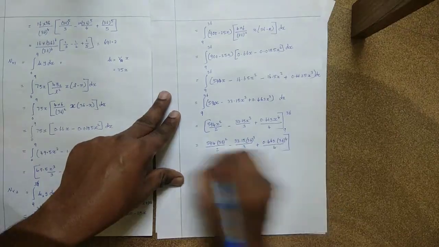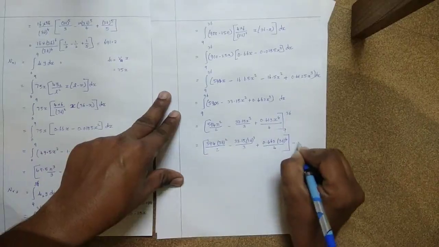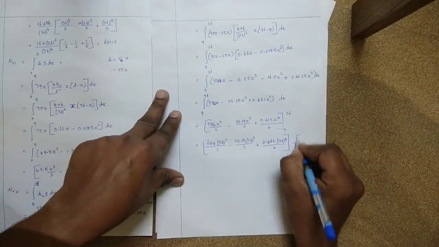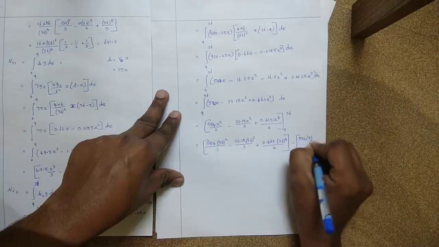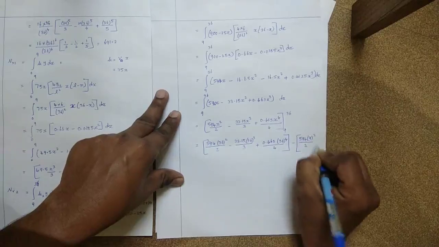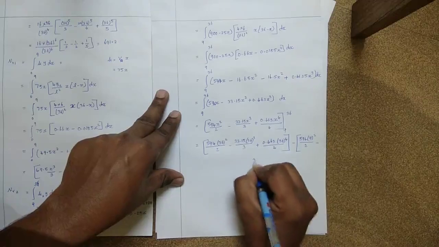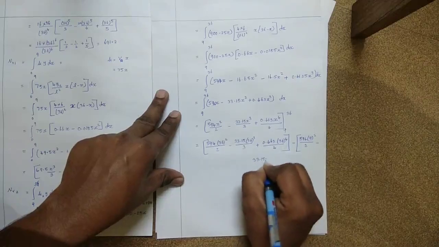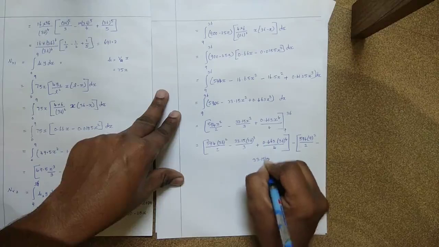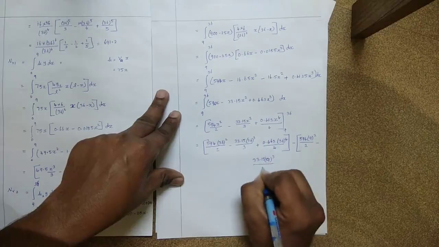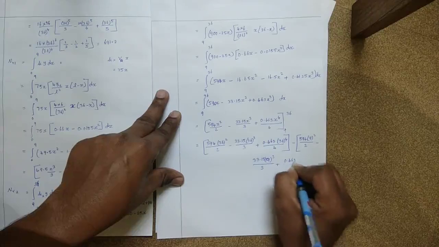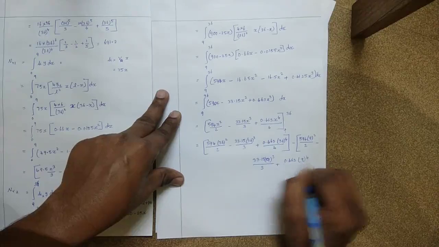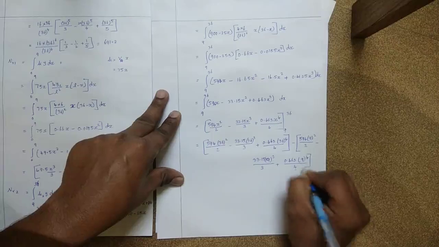So this is the upper limit value. Next we substitute the lower limit value: minus of 594 into 9 square divided by 2 minus 33.15 into 9 cube divided by 3 plus 0.463 into 9 power 4 divided by 4. So this is the lower limit value.